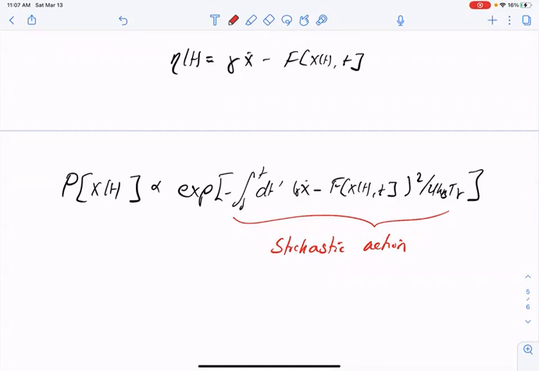X dot is equal to 1 over gamma f. So in the limit that the noise is low, because T is small, we will recover a deterministic evolution. But in general, for a finite temperature and a finite gamma, there is a distribution of paths that is Gaussian distributed.